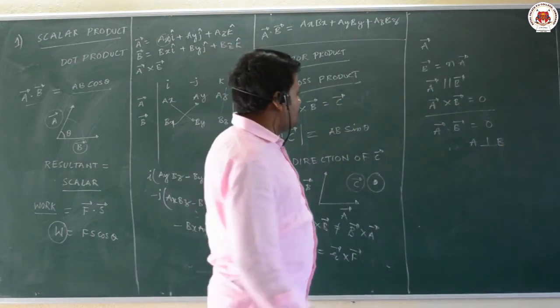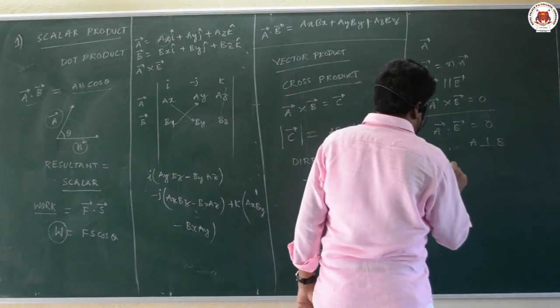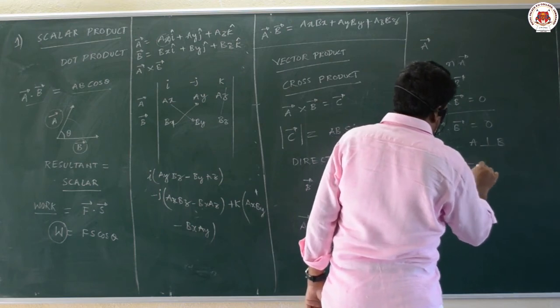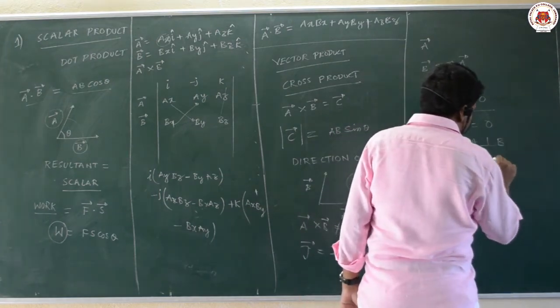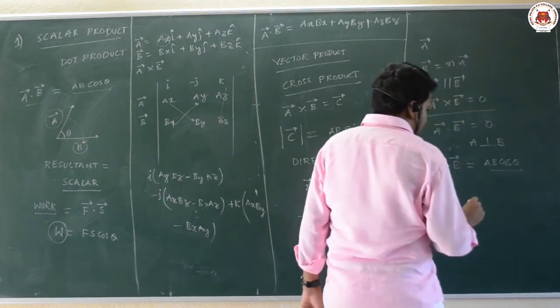Suppose they ask you to find the component of B bar. A bar dot B bar is equal to AB cos theta. Component of B means B cos theta.